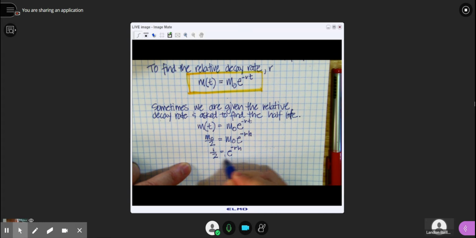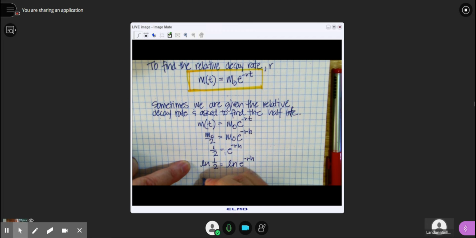Now, I'm just going to take the natural log of both sides because this is an e. So if I take the natural log, the natural log e is going to cancel.